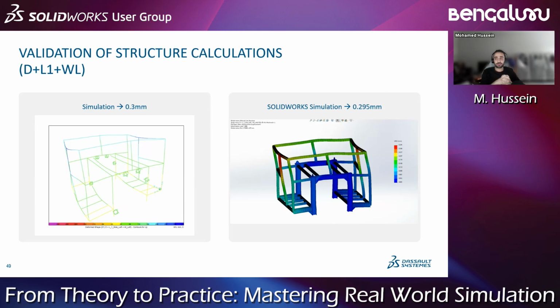You can see here on the left we have this on the third party platform, and we got a maximum displacement of around 0.3 millimeters. If you check our SolidWorks results, we got almost the same results, and we have 98% similarity.